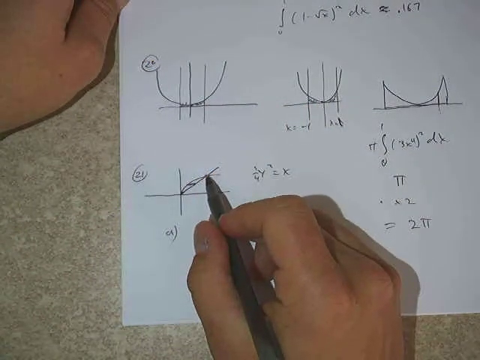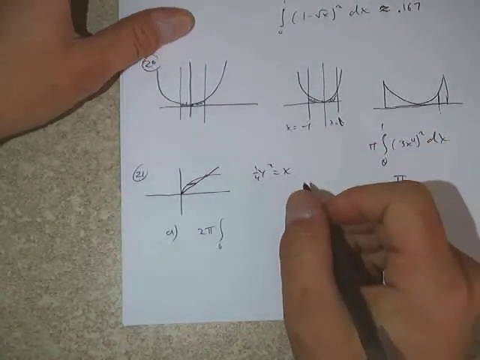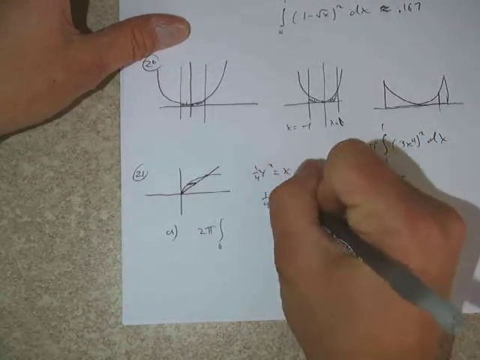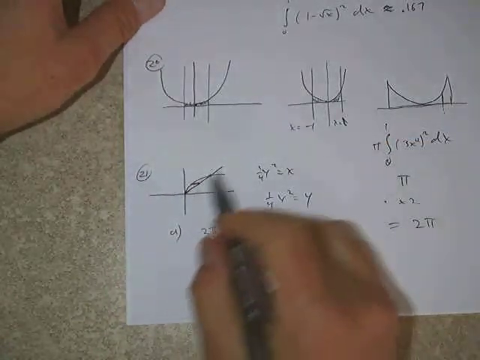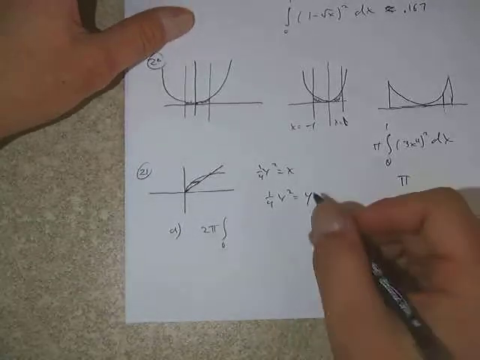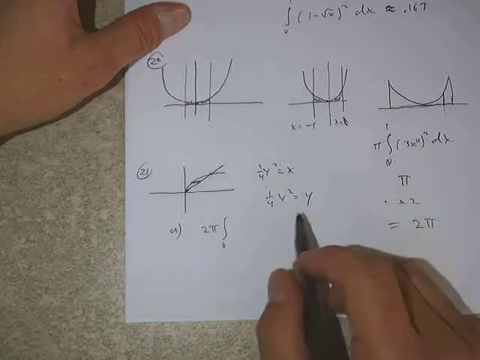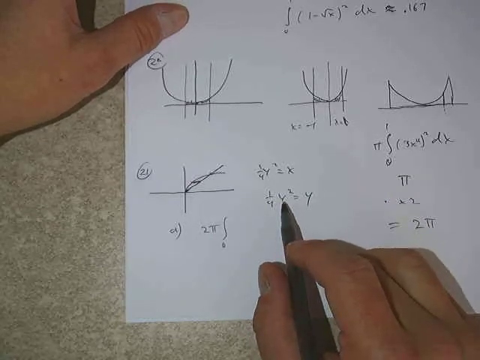So if I set up my shell method, I'm going to go 2 pi. In the y direction, I'm going to go from 0 to what? Well, we need to figure out that intersection point. If we set our equations equal to each other, we'd have a quarter y squared equals y, because remember, this is the line y equals x, or x equals y.